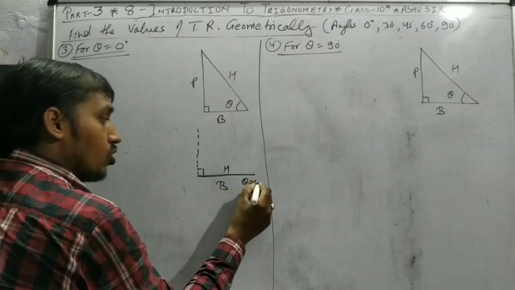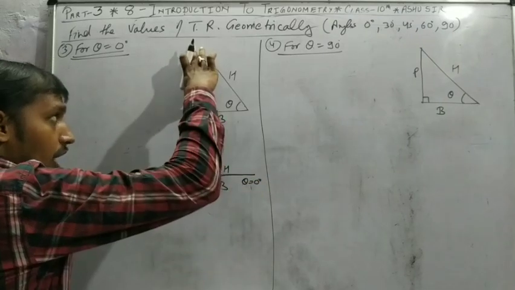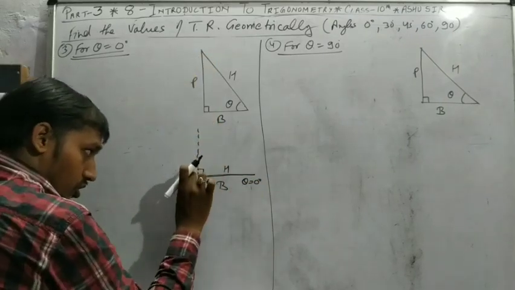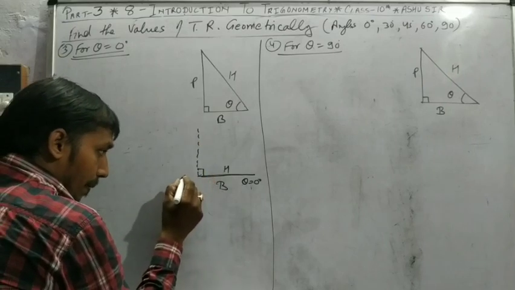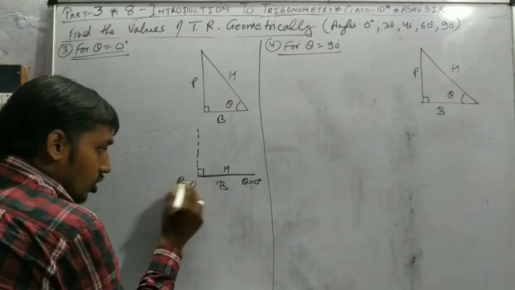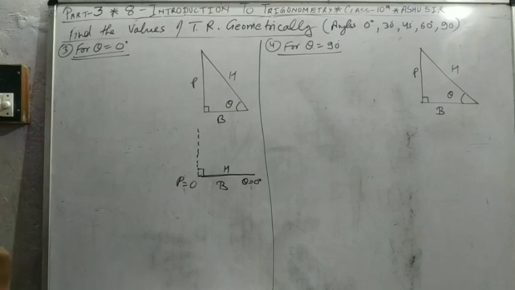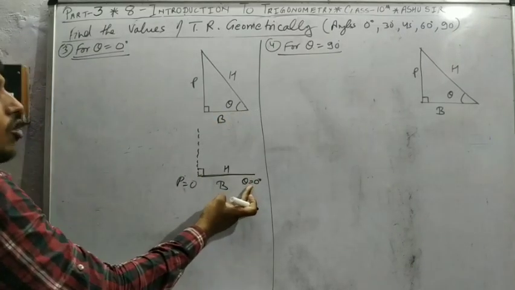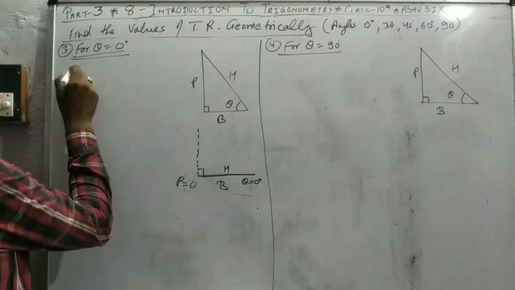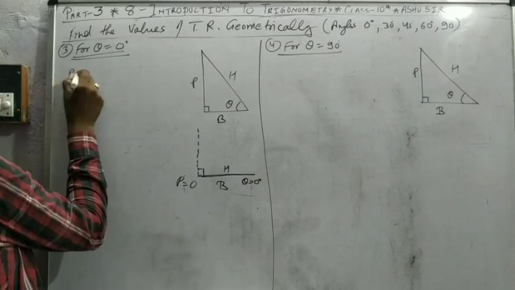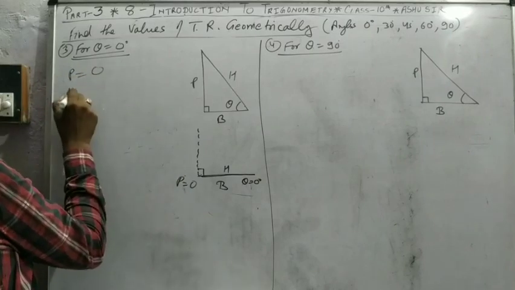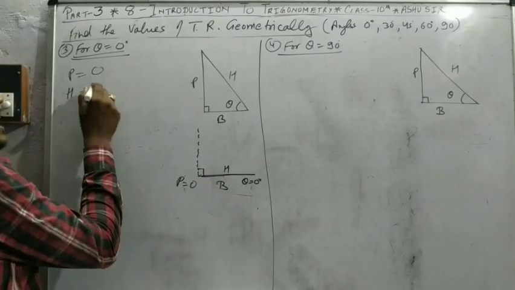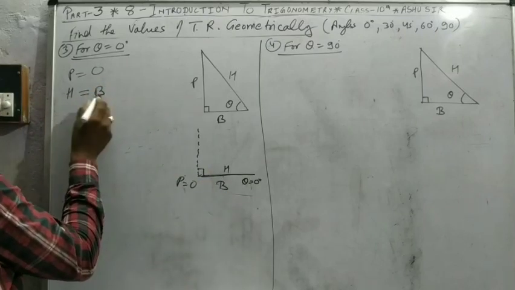So theta is equal to 0 degree and the perpendicular should be 0. Means when theta is 0, a triangle is not formed, only a straight line. So in this case, perpendicular is 0 and the hypotenuse coincides with the base and they are equal.